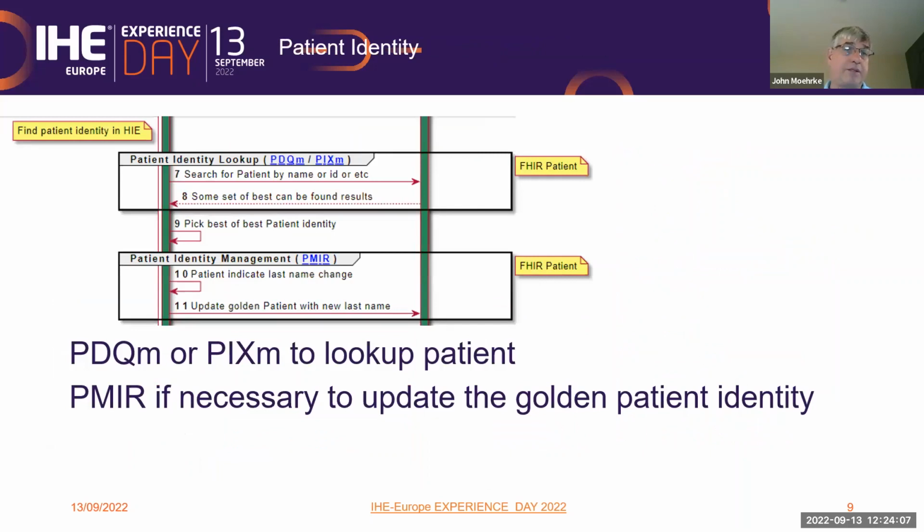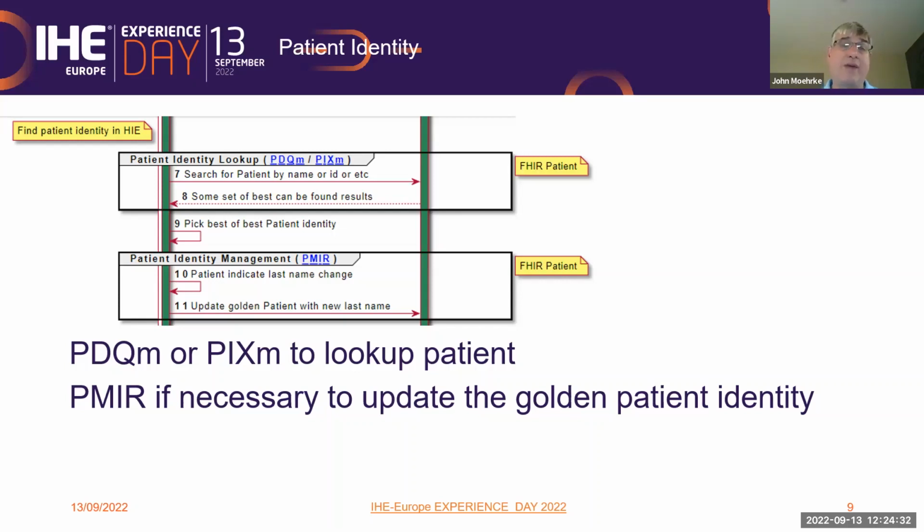So next up is patient identity. A patient presents, you need to be able to find their identity. For that, we, of course, reuse the PIXm or PDQm implementation guides. PDQm is when you want to look up by some of the demographics parameters.